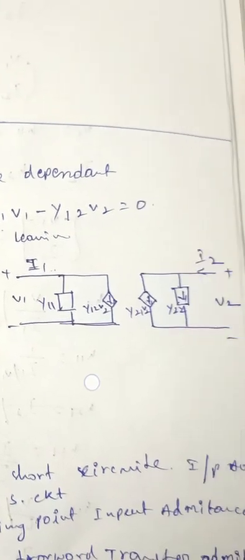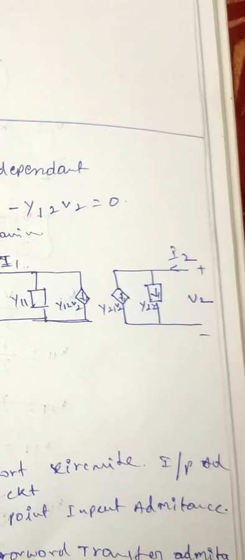From that equation we place V2 between the two terminals, and I2 depends upon the y22 admittance parameter as well as y21 into V1. These two ports are connected on the bottom side. So this is about the admittance parameters.